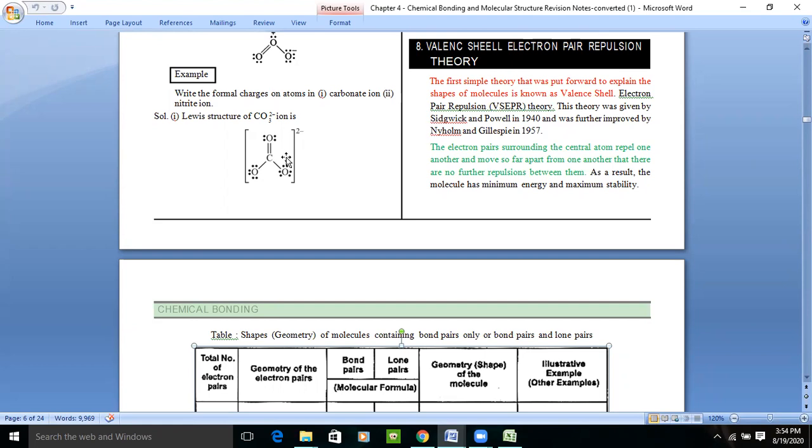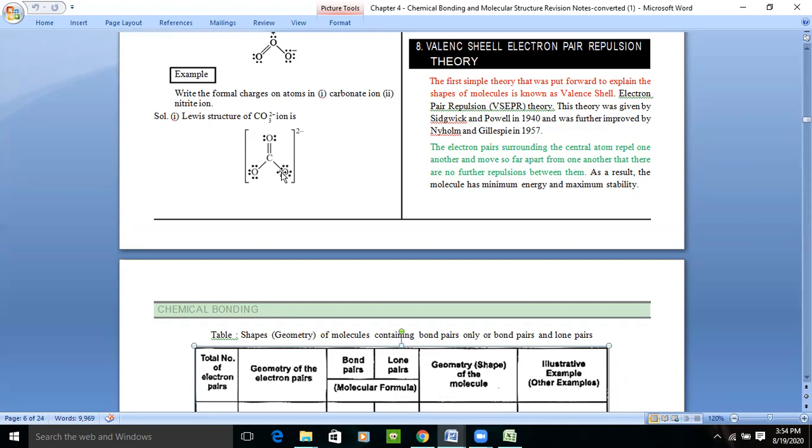There is a proper reason behind it: the electron pairs surrounding the central atom repel one another and move so far apart that there is no further repulsion between them.